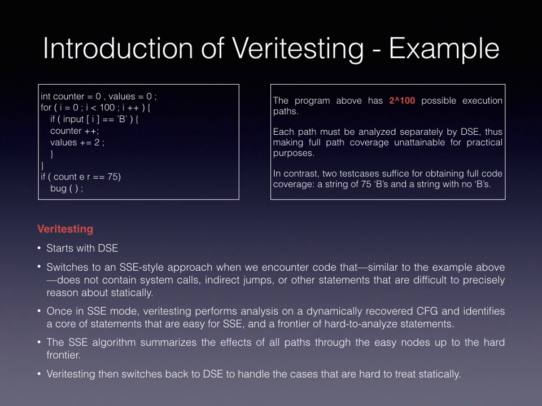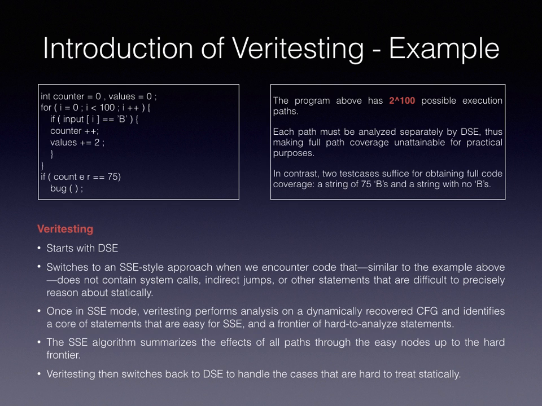Once in SSE mode, the testing performs analysis on a dynamically recovered CFG and identifies a core of statements that are easy for SSE and a frontier of hard-to-analyze statements. Then the SSE algorithm summarizes the effect of all paths through the easy nodes up to the hard frontier. In the last step, veritesting switches back to DSE to handle the cases that are hard to treat statically.